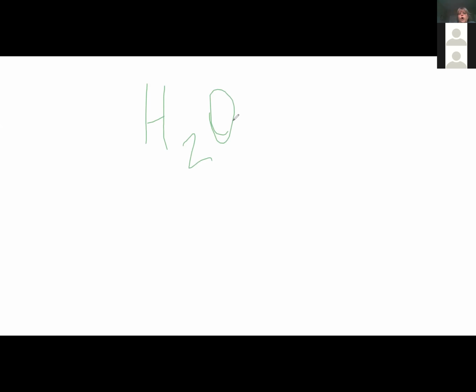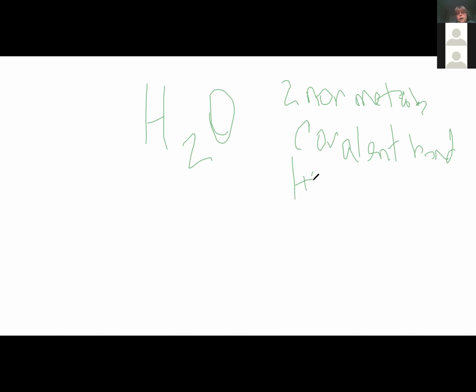If we want to know how this molecule or compound share electrons because they're 2 nonmetals, and because they're 2 nonmetals, they're going to create a covalent bond. They're also going to create a hydrogen bond because hydrogen's in it.